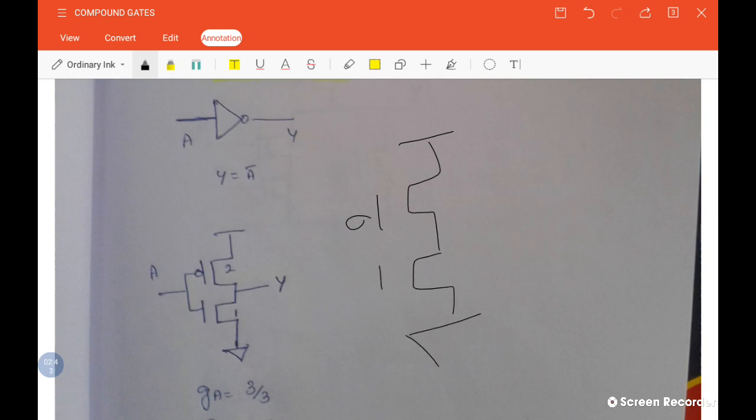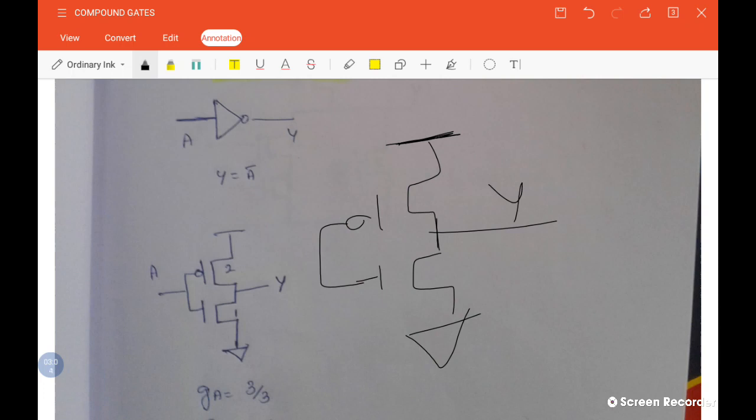Pull down is the MOS device connected to the ground. Pull up is the device connected to the VDD supply. Both the gates of the PMOS and NMOS are connected together, and the drain and source terminals are connected, from where you get the output Y.